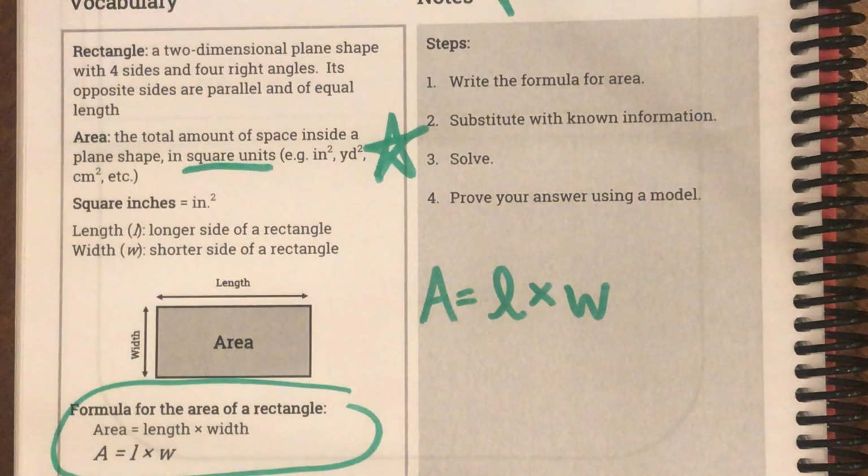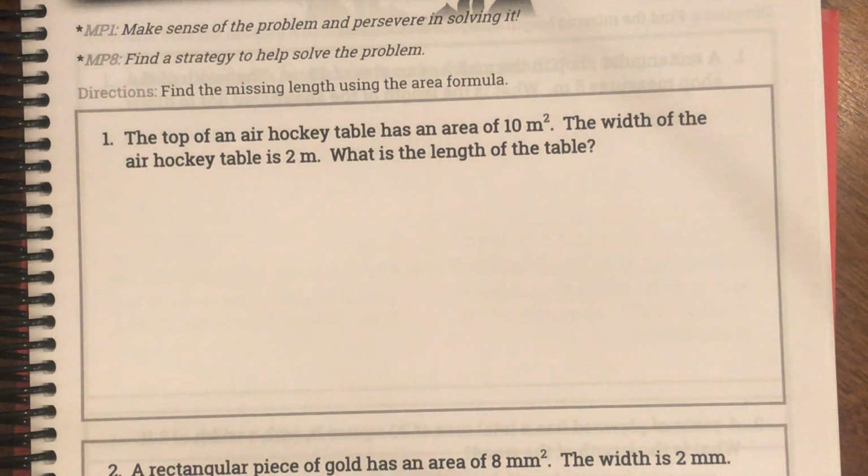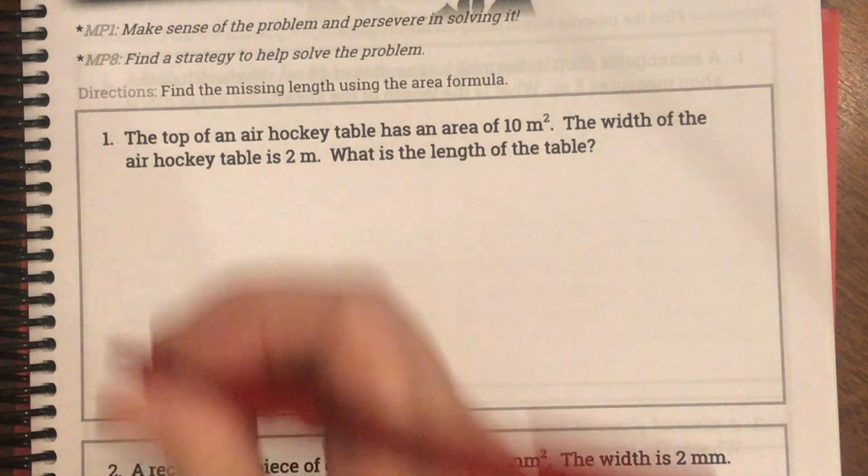Okay, so friends, I'm going to get started on my first problem. My first problem says, the top of an air hockey table has an area of 10 meters squared. The width of the hockey table is 2 meters. What is the length of the table? Okay, so what do I know?